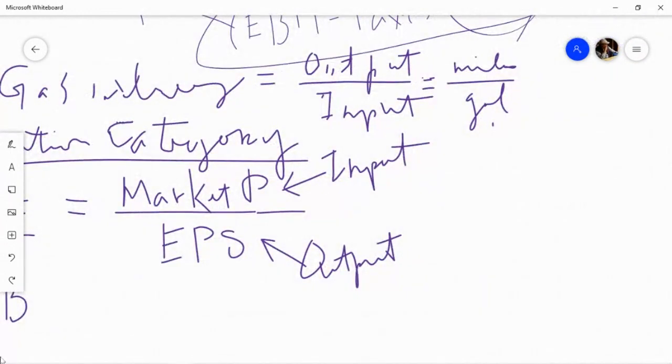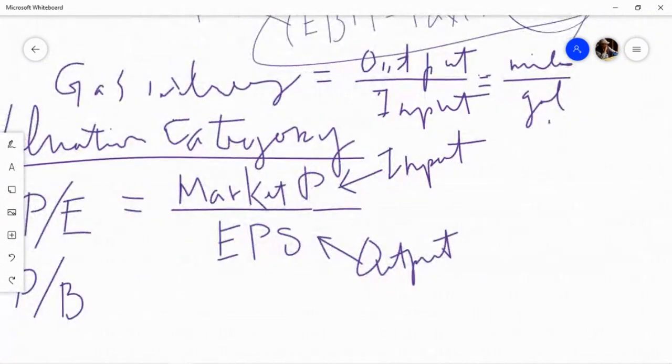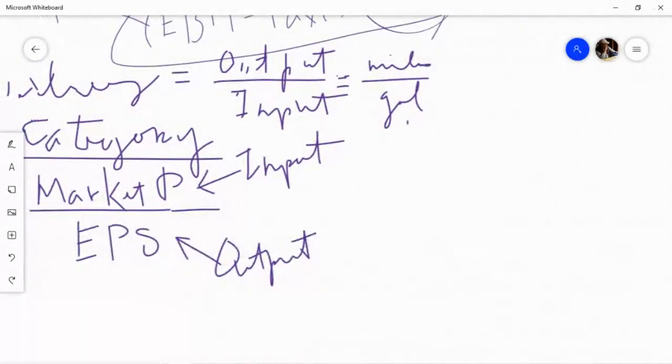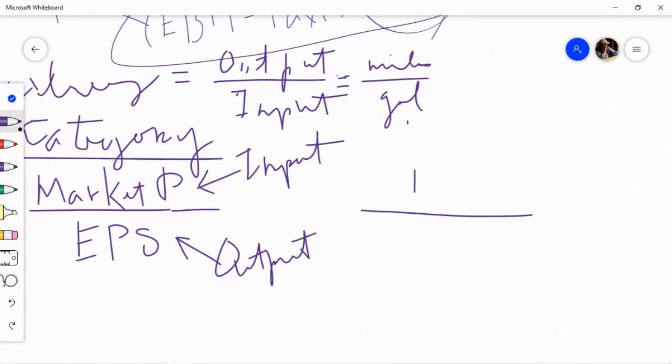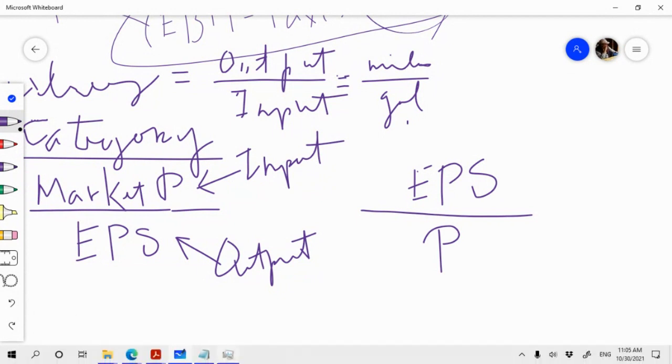In other words, if it is the earnings per share over price, that makes more sense, right?